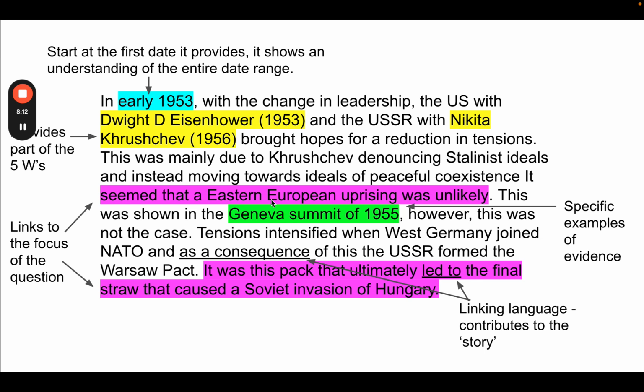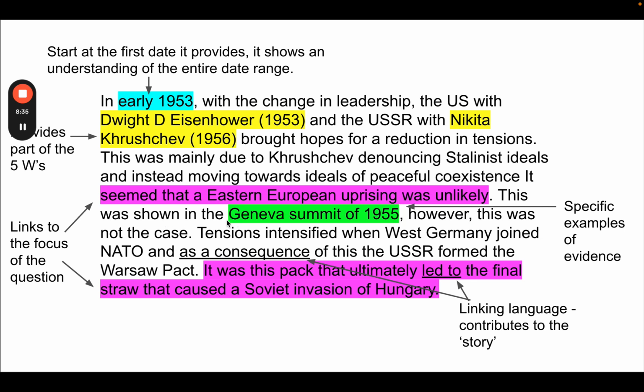So in this, just to pause here, I have gone from the change in leadership, I have linked that to Khrushchev denouncing Stalinist ideals, and I have then linked that into the question. So while it doesn't look like I'm writing much, everything is linking to the next step. Now, moving on.